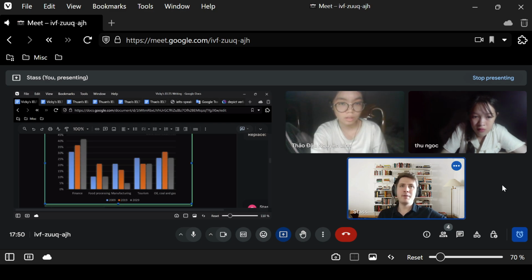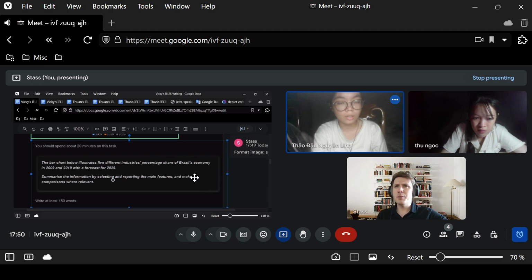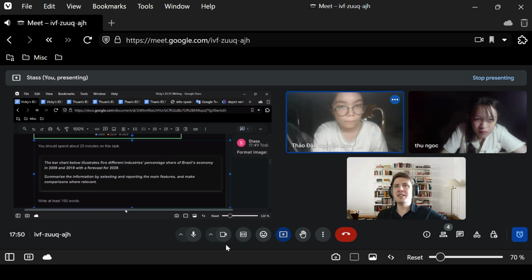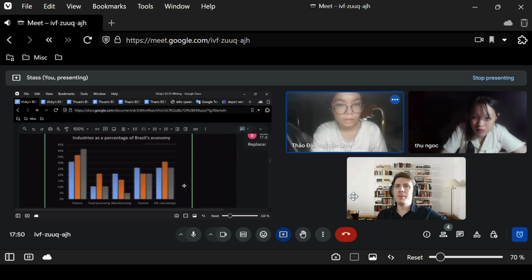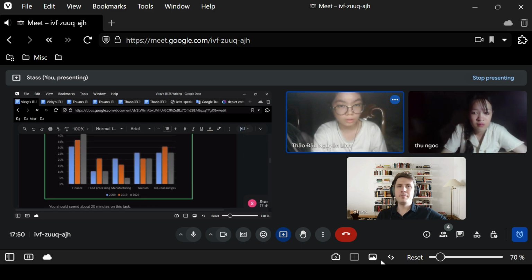These are not items. As for the remaining, what are we talking about here? These are industries. As for the remaining industries, try to talk about food processing and the last one together.